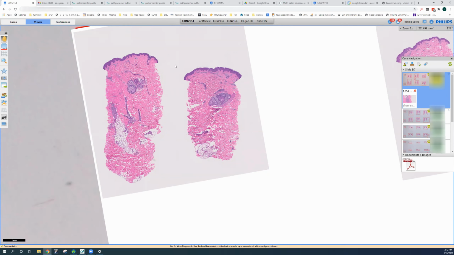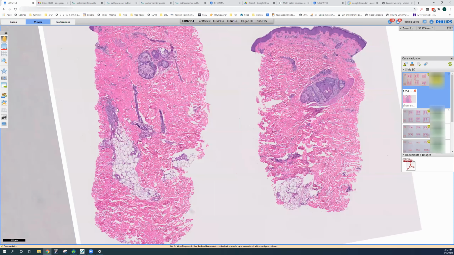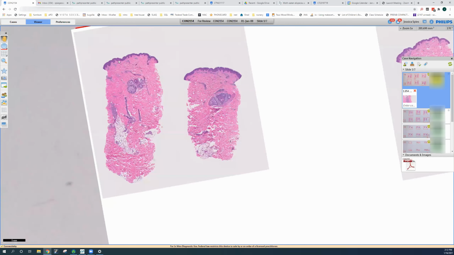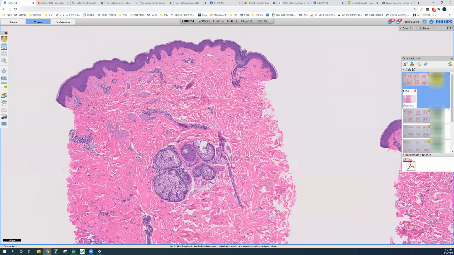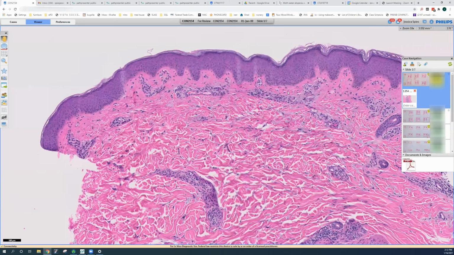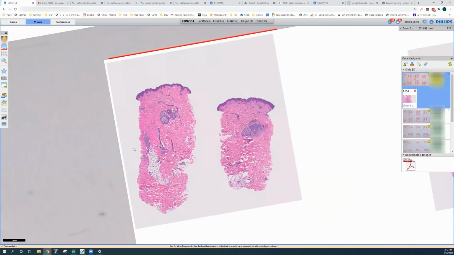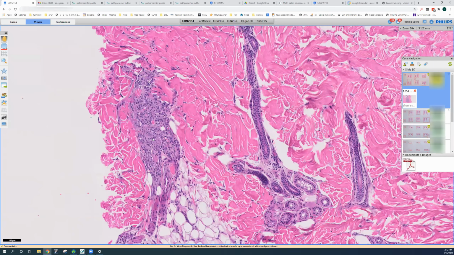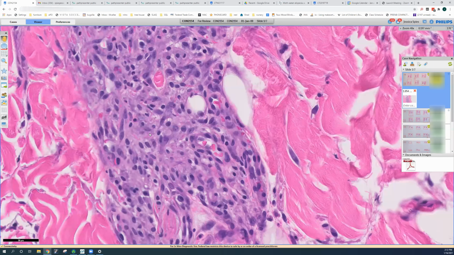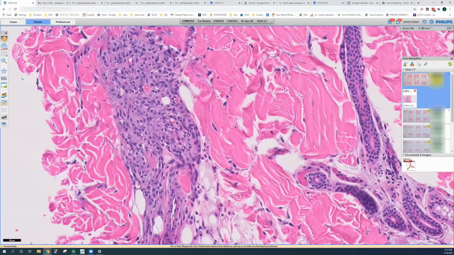I can't remember. It was an itchy rash is what I remember. And you can see here, we don't have much going on in the epidermis in these first sections. Got a little bit of inflammation here and perivascular distribution. And then what's this down here? We've got a mixture of neutrophils and histiocytes.